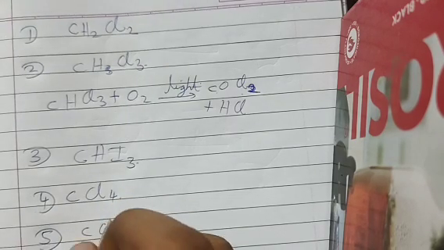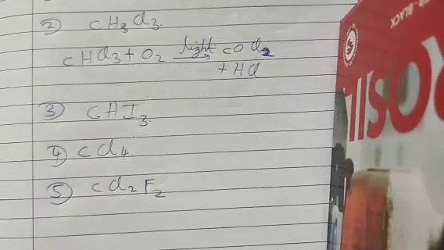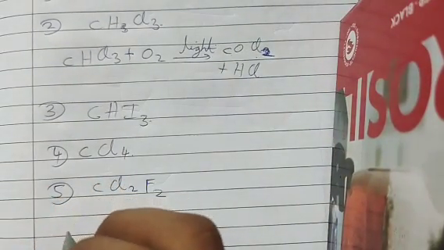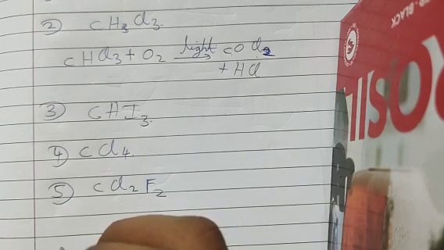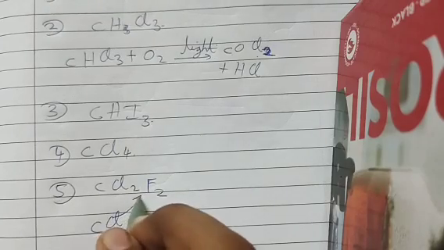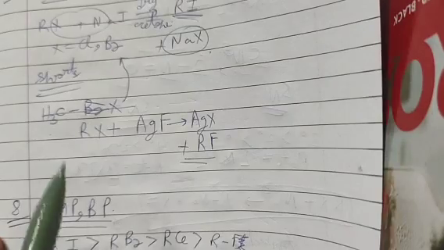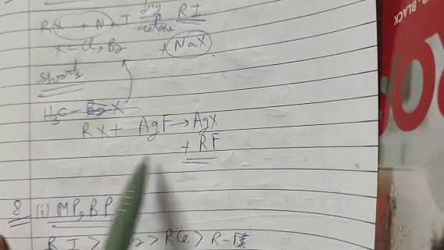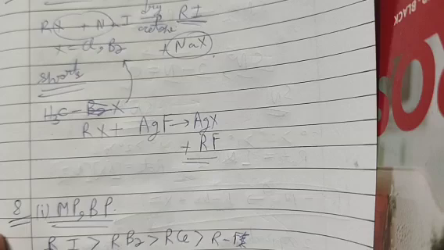Freon 12, which is CCl2F2, is one of the most common freons. It is manufactured from tetrachloromethane, which is carbon tetrachloride, by the Swarts reaction. As we studied before, the Swarts reaction is when a haloalkane reacts with a fluoride to produce an alkyl fluoride.